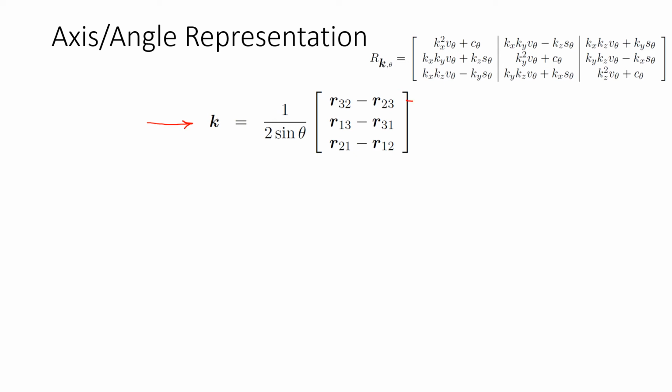The first component is kx, which corresponds to this location, and over here you'll find the expression for ky, and over here you have the expression for kz. So this arbitrary axis k is defined with this expression, and this is also going to be very useful for us to define the equivalent axis about any composition of rotations as well.